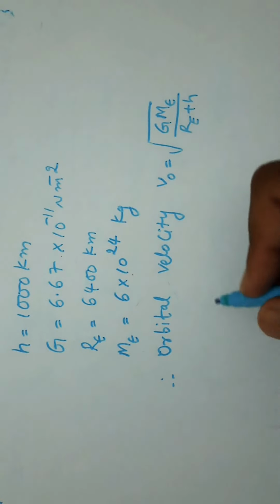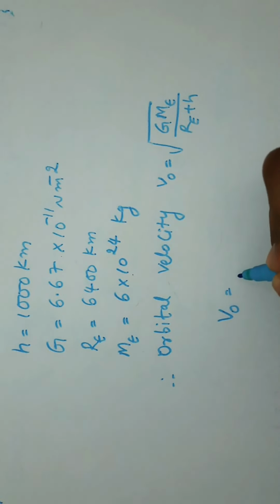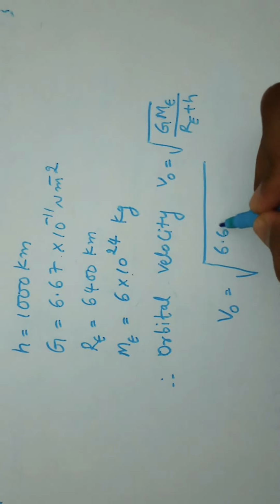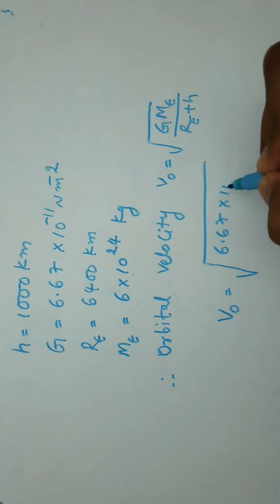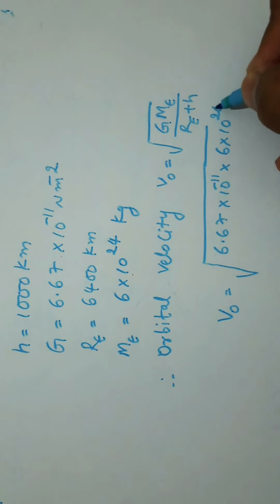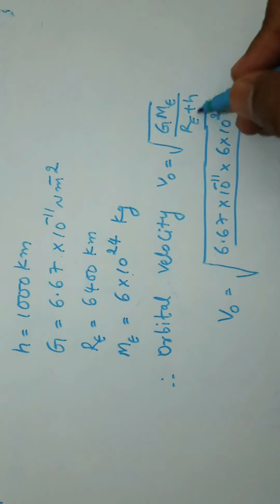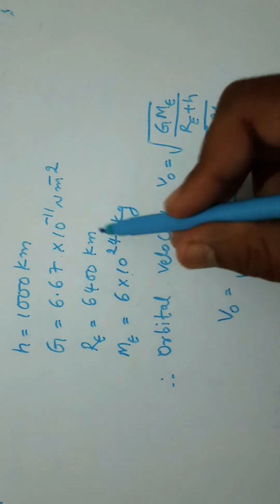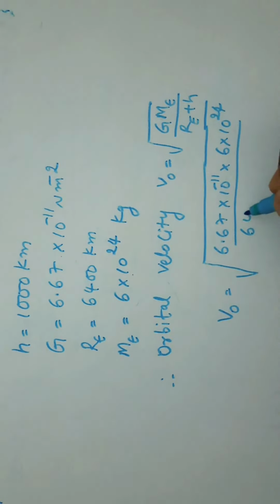So substitute these values in this equation, and we can get the orbital velocity of the satellite. So v0 is equal to the square root of, here the G value is 6.67 × 10^-11, Me is 6 × 10^24, and Re + h, where Re is 6400 km plus h is 1000 km.